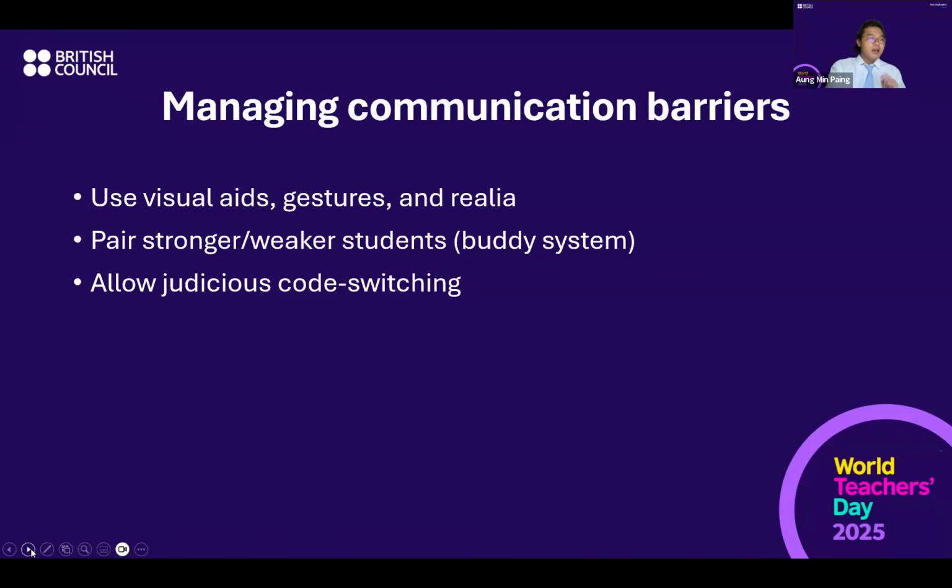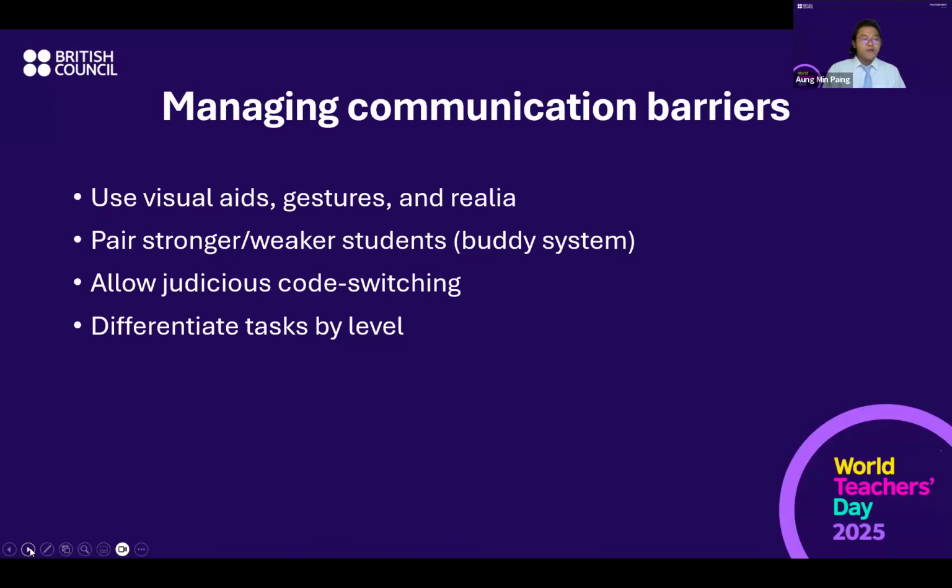One thing I believe is really important is that we need to let them do code switching. If not, they will have some problems. At the time, code switching could be a way that we can use instead of using English every single time. We should sometimes let them do code switching.